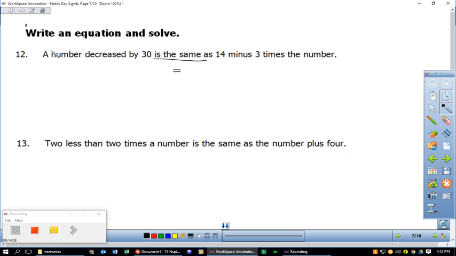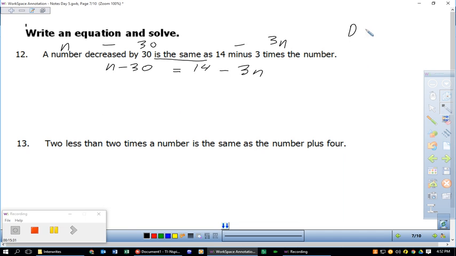So a number decreased by 30. So n minus 30 is the same as equals 14 minus 3 times the number. So 14 minus 3 times that number, which that number is n, so minus 3n. Now I have to solve that. So can we distribute?